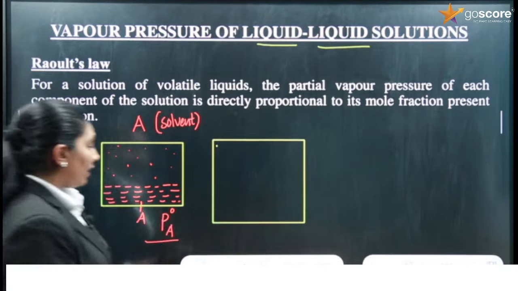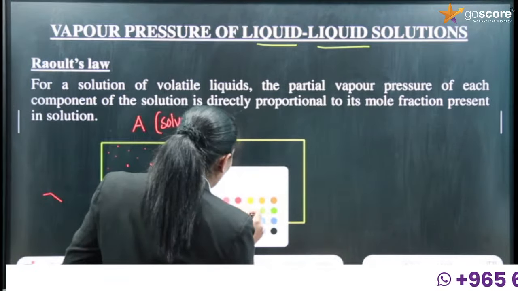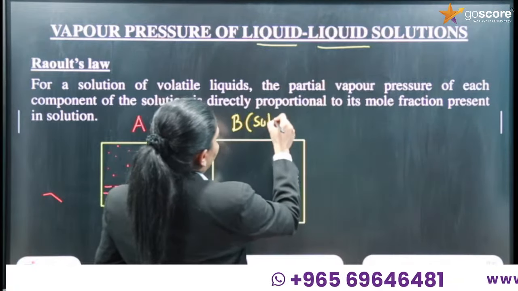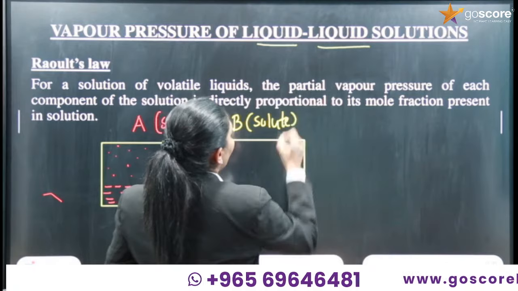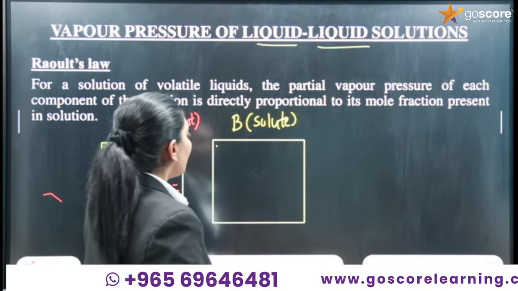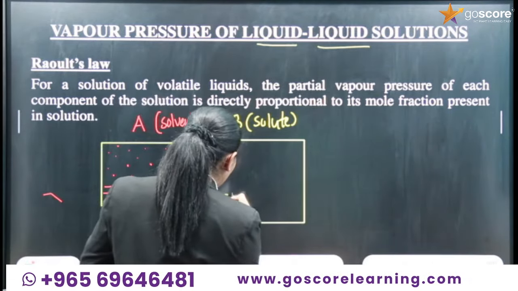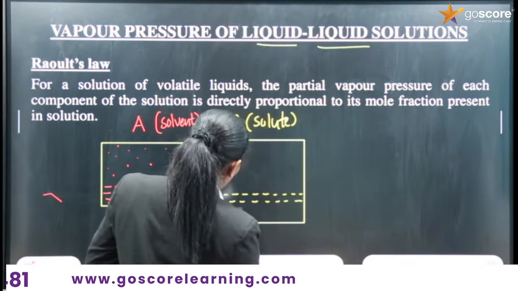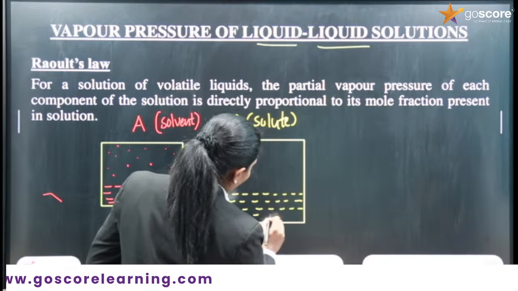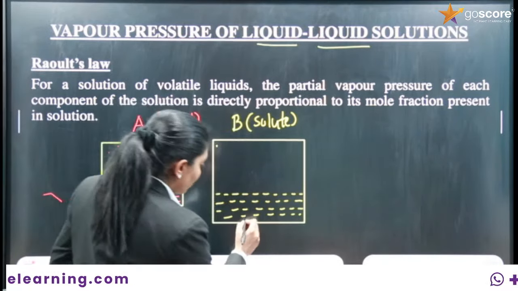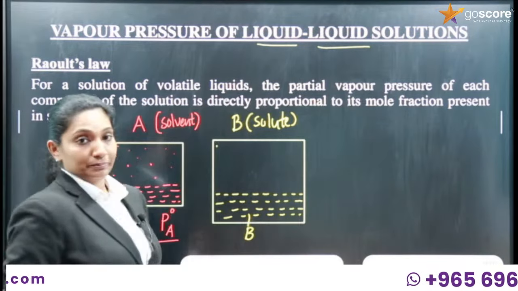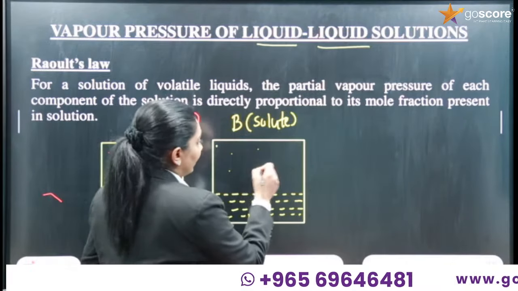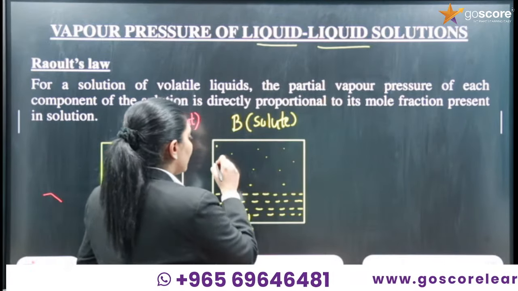In the same way, here I am taking the second component, that is B, which is the solute, right? The solute is also a volatile component. So here we are taking the liquid solute B. This liquid solute B contains only the B. This is also volatile, so definitely it will produce vapors.